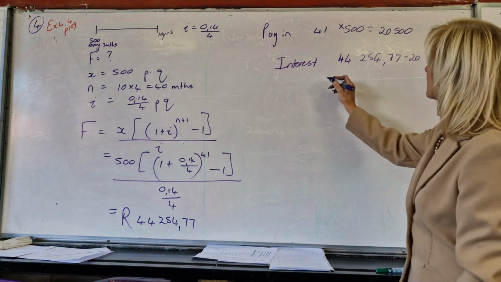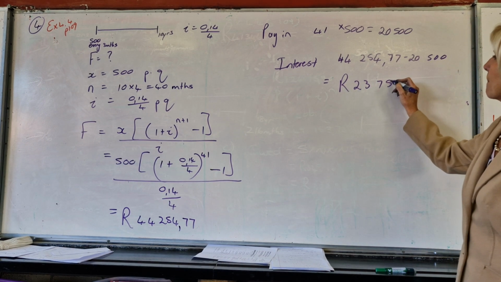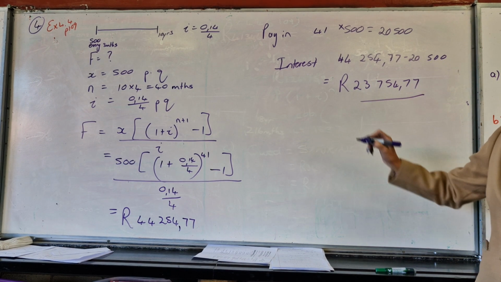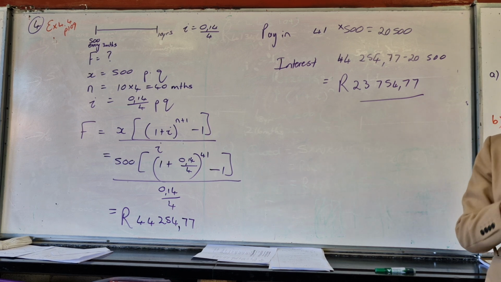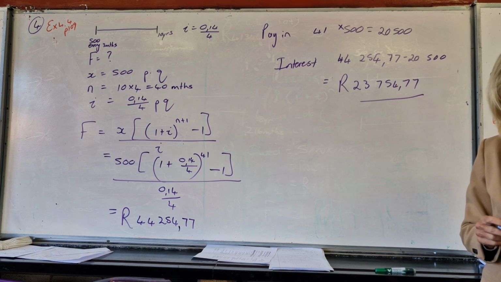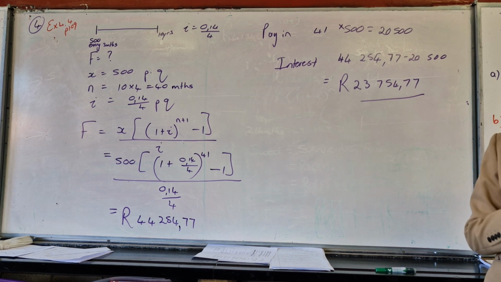And that is? 23754,77. Much more than what I put in. That's what I like, because they gave me a nice interest rate. Right. So we're going to be doing number 5 and 6 now.